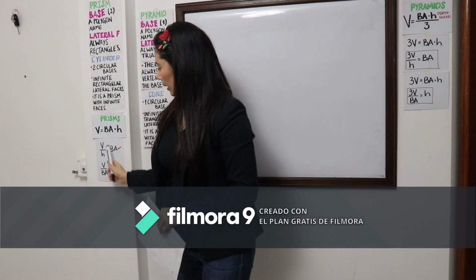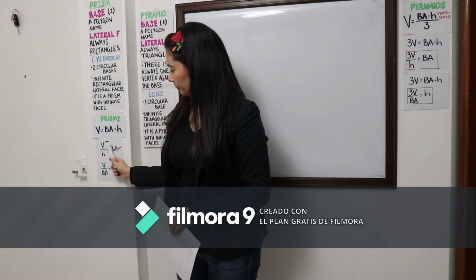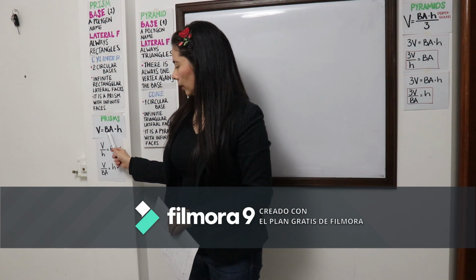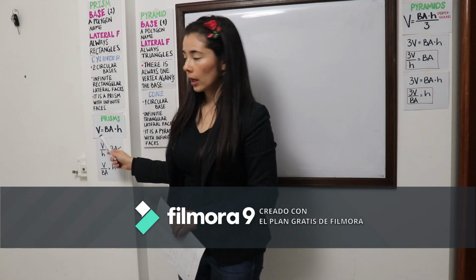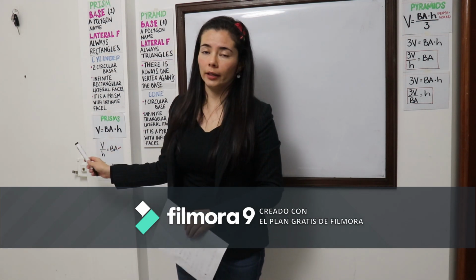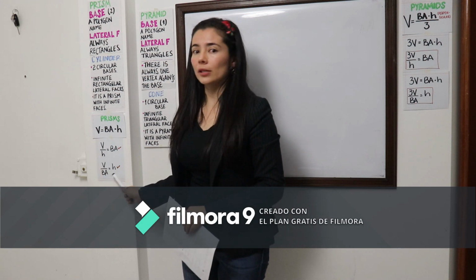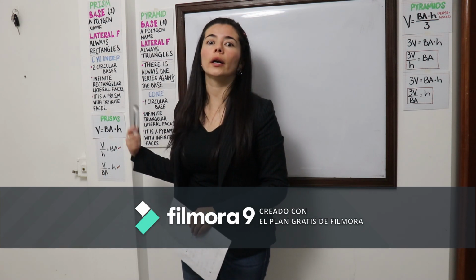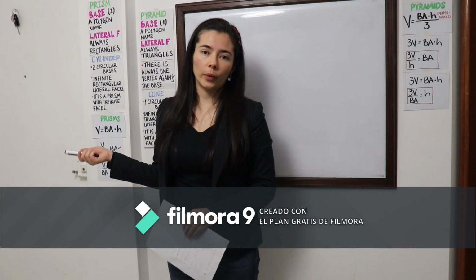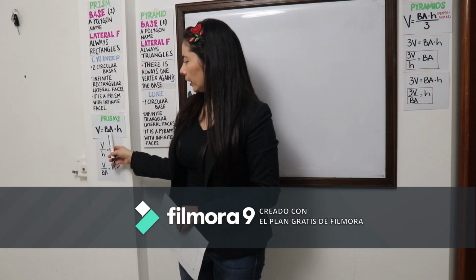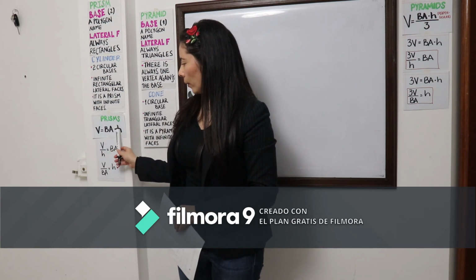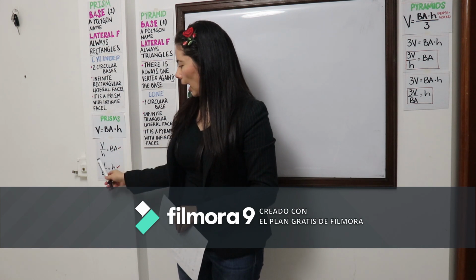Now, if we needed to find either the base area or the height, when we are given the volume, it's only a matter of just isolating the equation for the dimension we don't know. So if we need to find the base area, we're just going to divide the height on the other side.